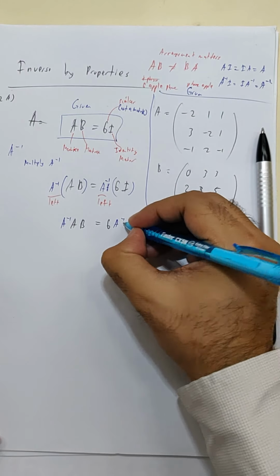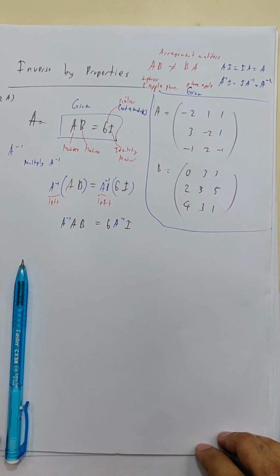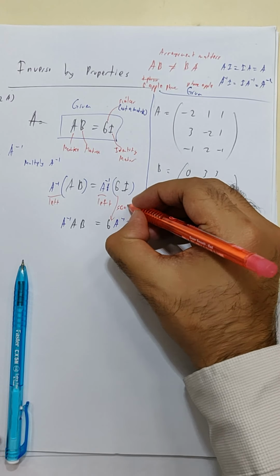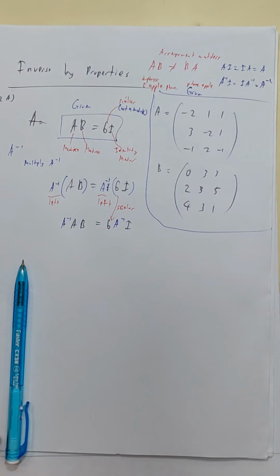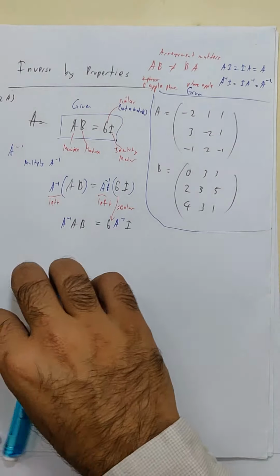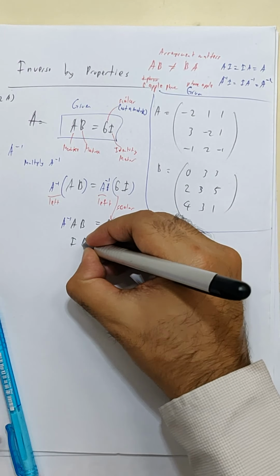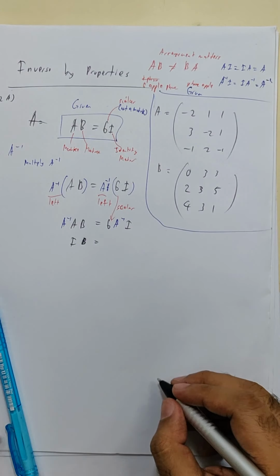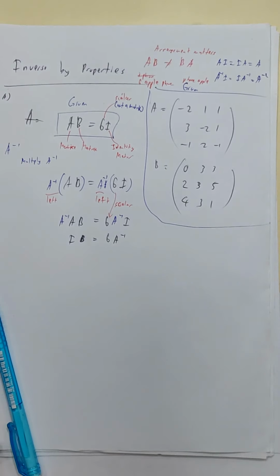So I just multiply A inverse I. Are you okay? 6 is scalar, so I'll just put it there. A inverse times A? Identity. Or we just simply call it I. IB. A inverse times I? A inverse. Are you okay until this far?